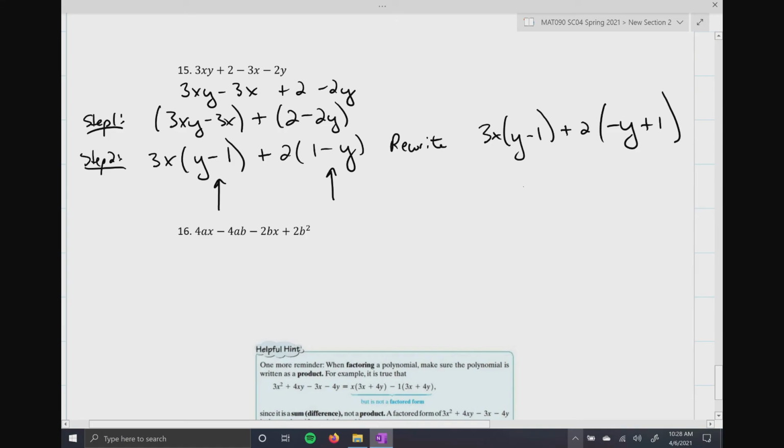Notice they're exact opposites of each other. The y is positive in the first set of parentheses, but in the second set it's negative. The 1 is negative in the first set of parentheses, but in the second set it's positive.